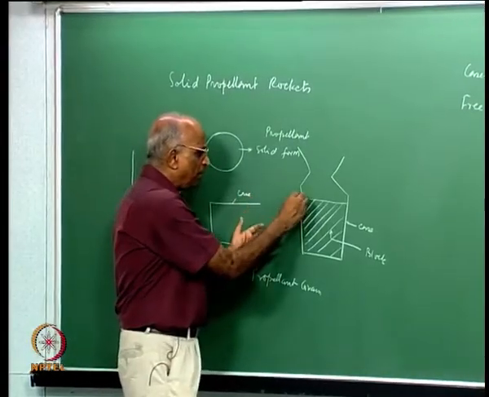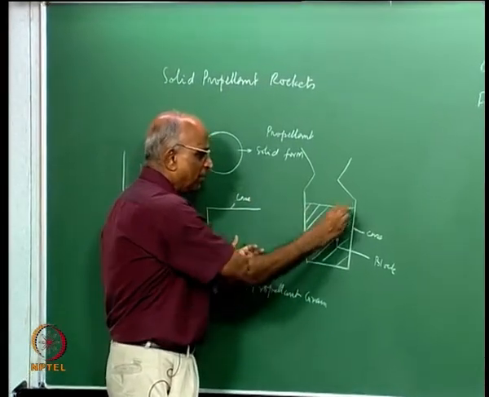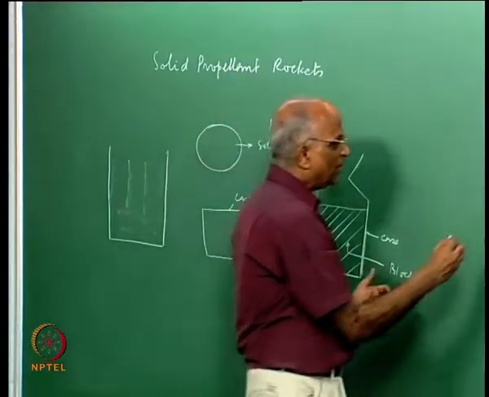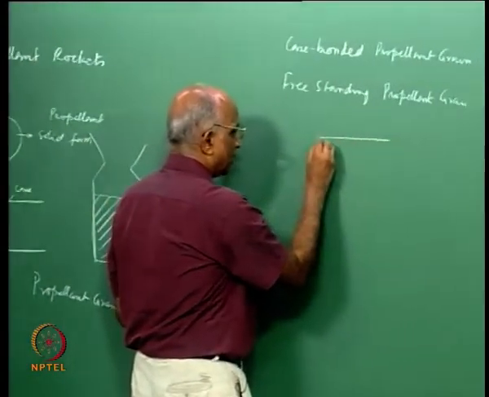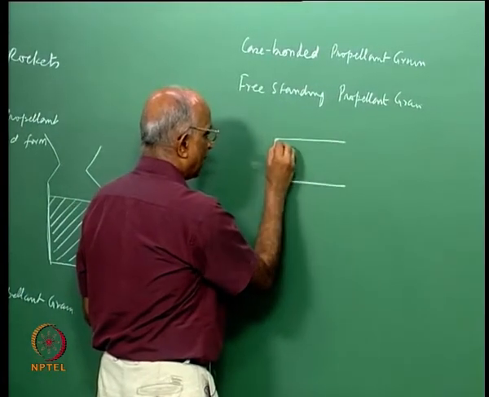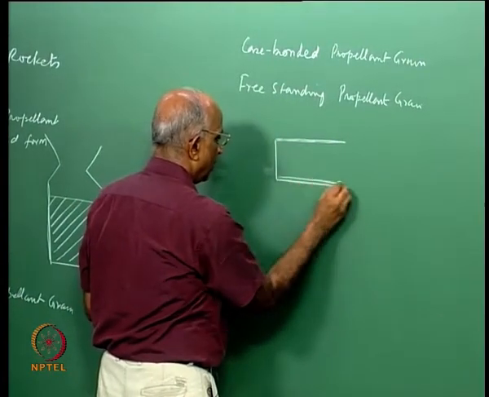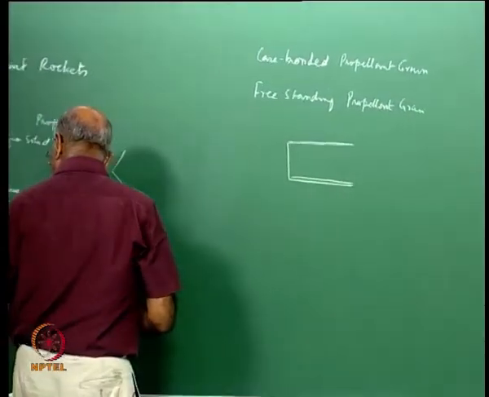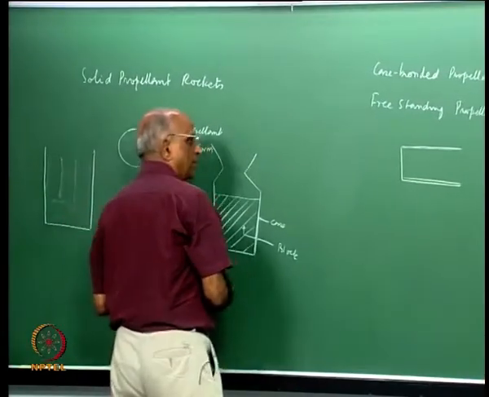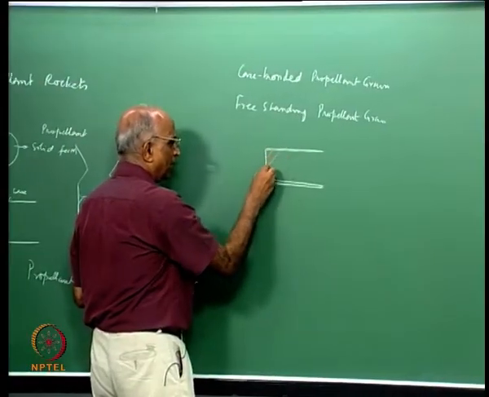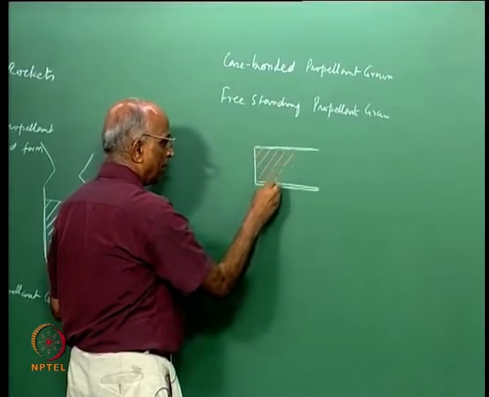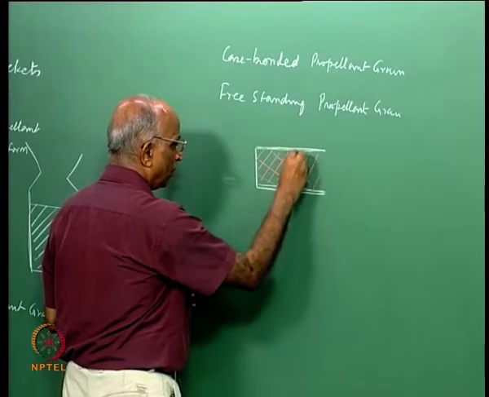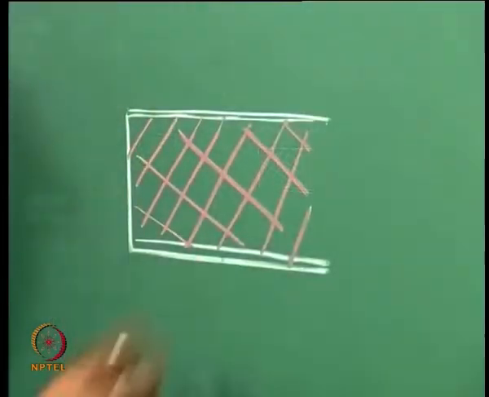As the propellant burns, the hardware or the metal case will get heated. Therefore, it is necessary for us, if I have a case, to have something like a liner, and this liner could be an insulator, and then I put the propellant into it, and then I attach a nozzle onto it.